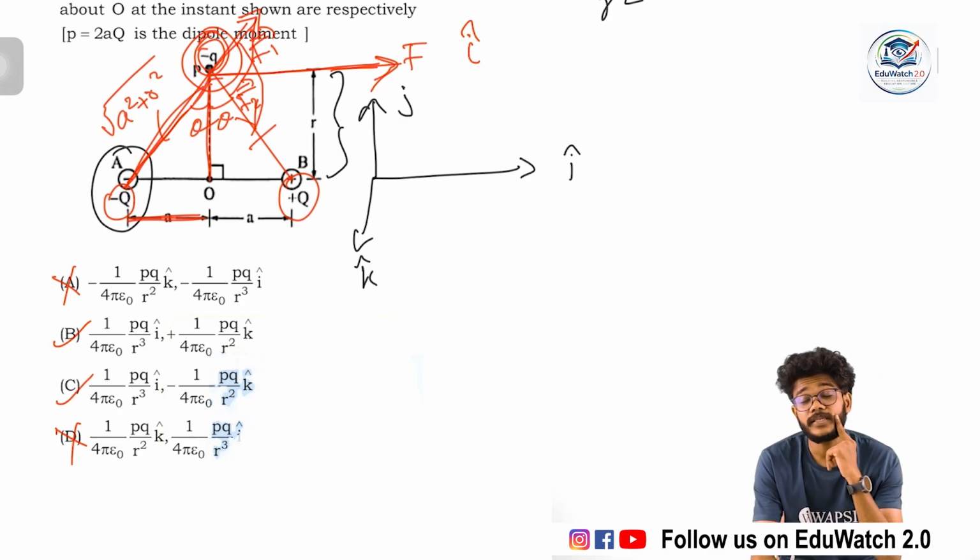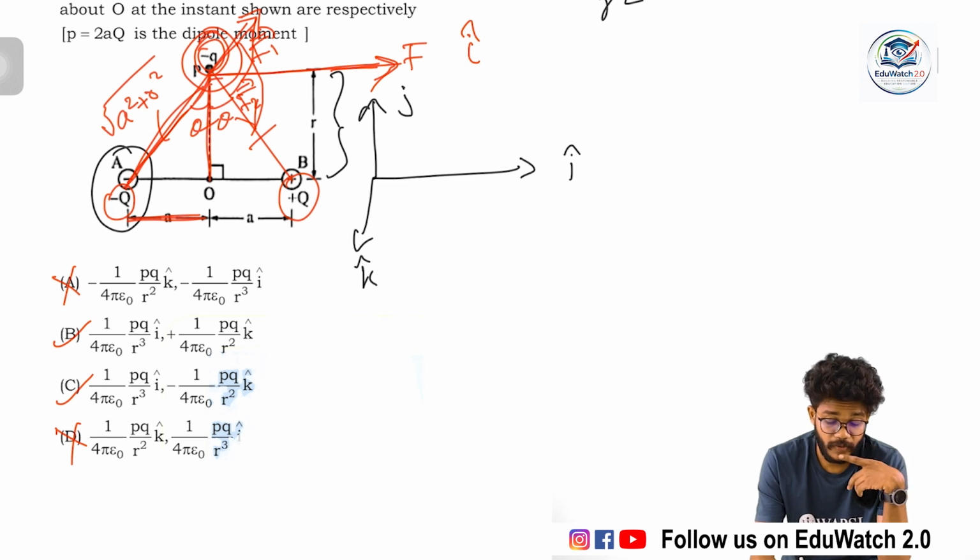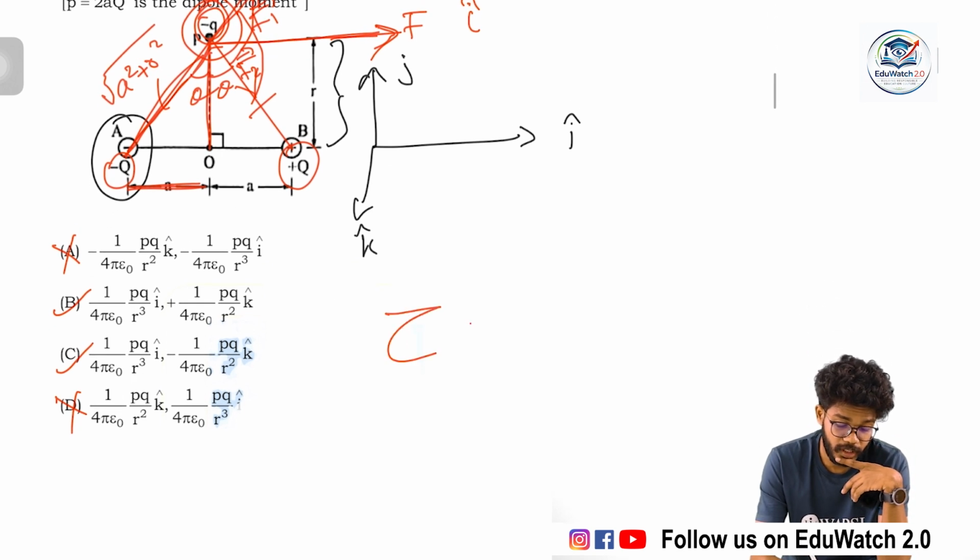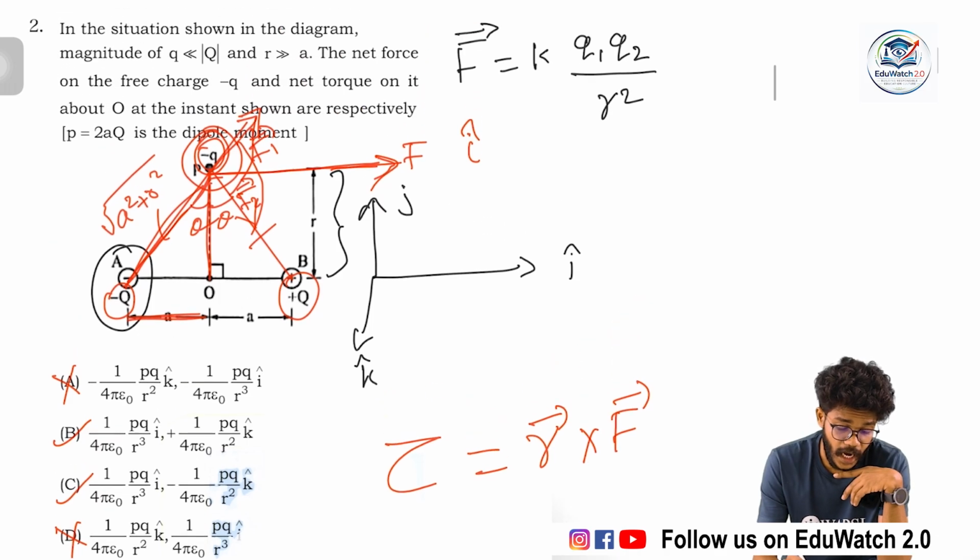Okay, then moving towards the torque. What is the equation for torque? Torque is R cross F. What is R?